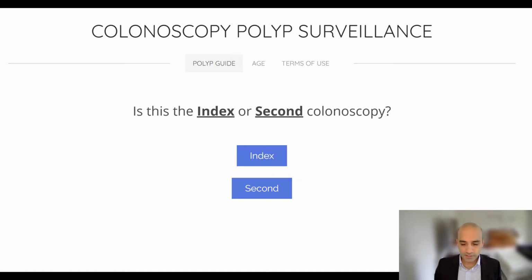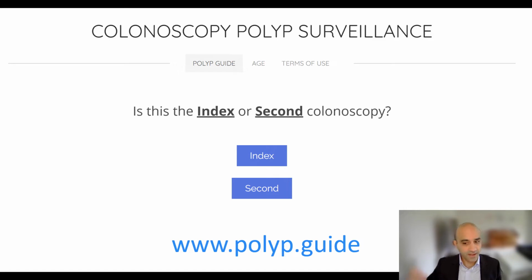At the Royal Adelaide Hospital, what I was interested in doing was at least trying to make the algorithms a little bit more palatable. So we created this website called Polyp Guide, at www.polyp.guide. Instead of having to flip through the guidelines, either physically or virtually, to find which flowchart works, you can use this website, which will automatically pop up the relevant flowchart that's required.